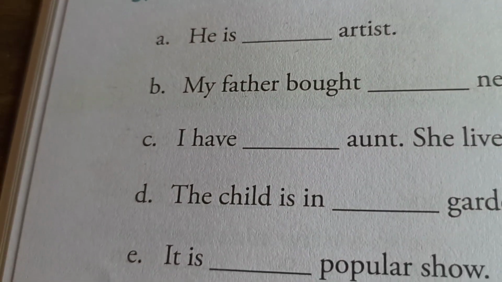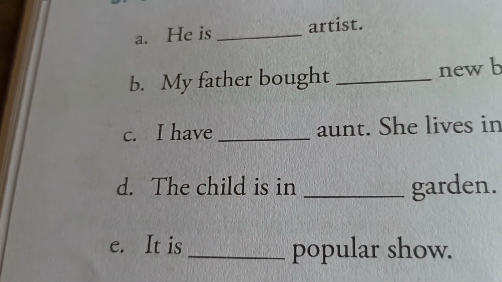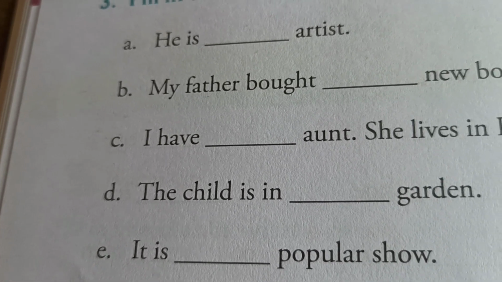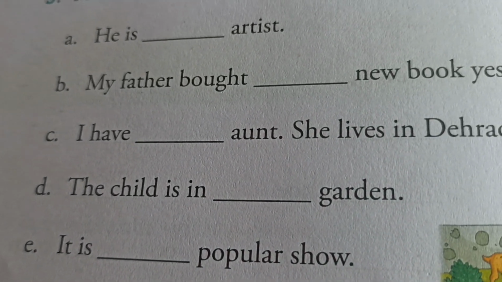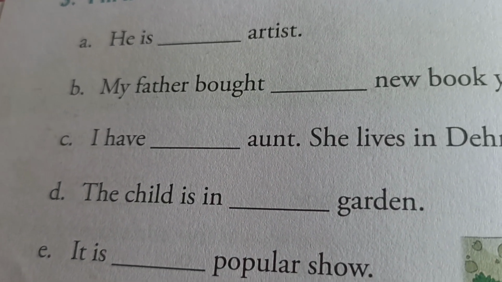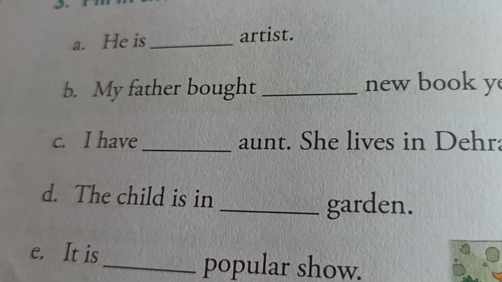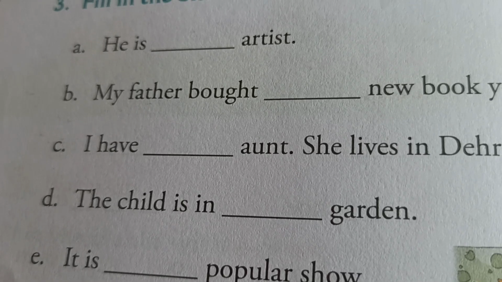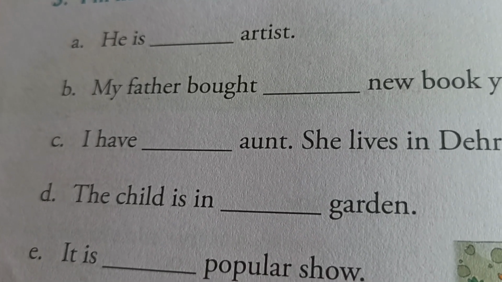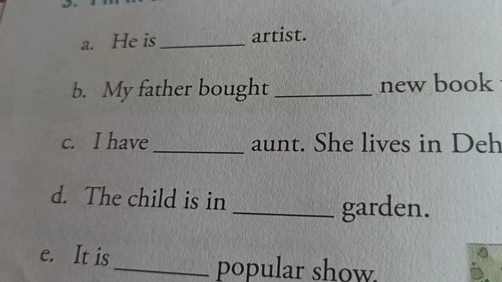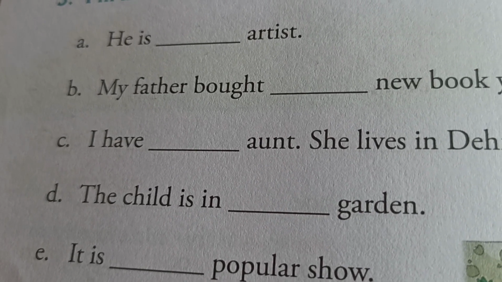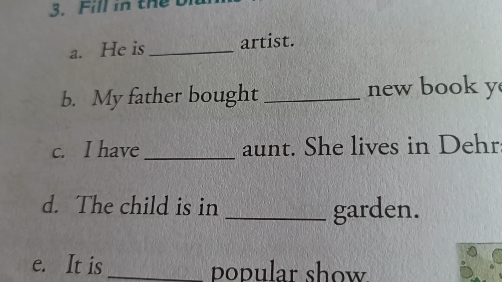Okay, see here, the child is in dash dash garden. Which article? G is a consonant sound, so we write "a" here.